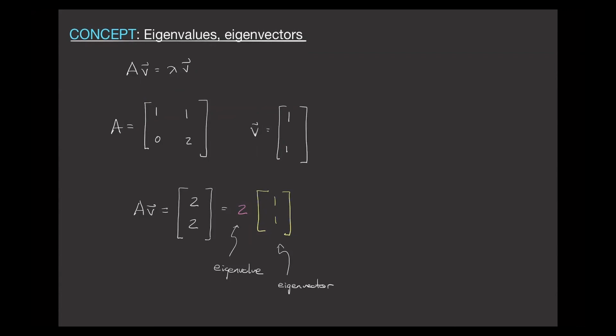Correspondingly, if we take, let's say, V, or actually maybe instead of V, we'll call it W, and that is, I don't know, 1, 0. If you take AW and multiply that out, you'll get, I think, 1, 0 back.